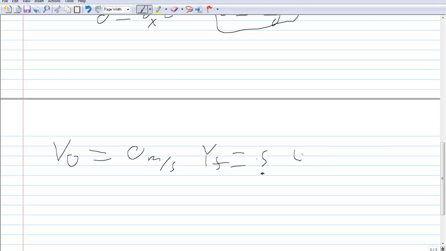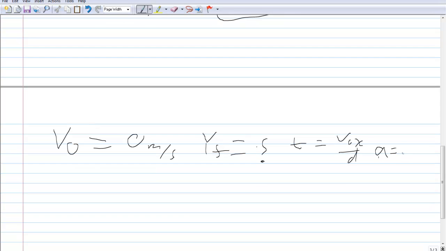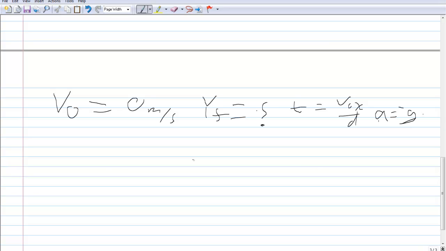Then we know what the time is. It's going to be d divided by v0 x. And we need one more thing, which is the acceleration. So the acceleration is going to be due to gravity, which is going to be negative g meters per second squared. So this time we're going to use the same equation we used last time, except this is going to be in the y direction.